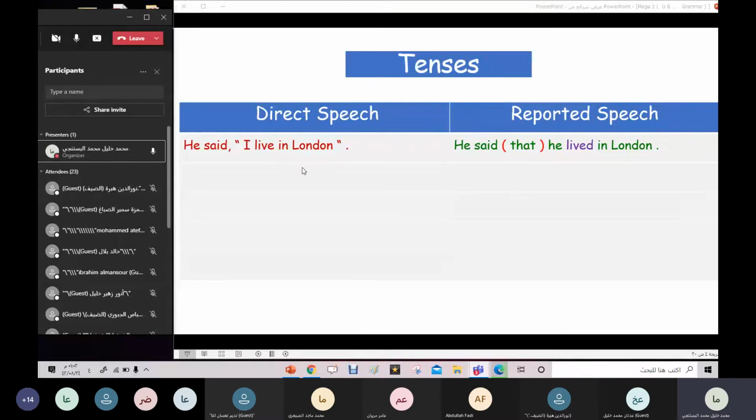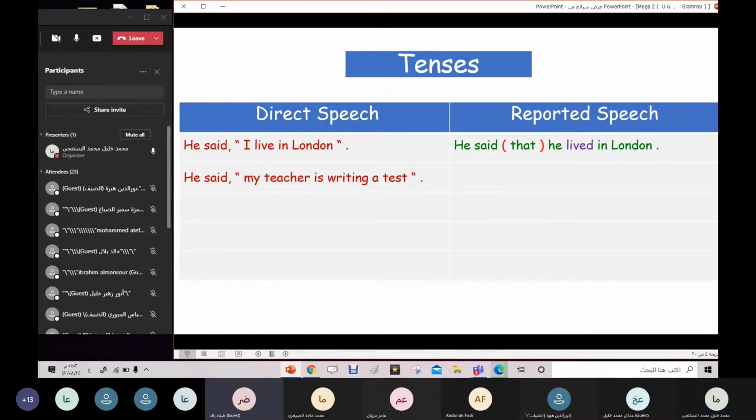Look at the second example. He said, my teacher is writing a test. Who can report the sentence? Yes, there. He said that my teacher wrote a test, or was writing. Good, was writing. Now, what about my?